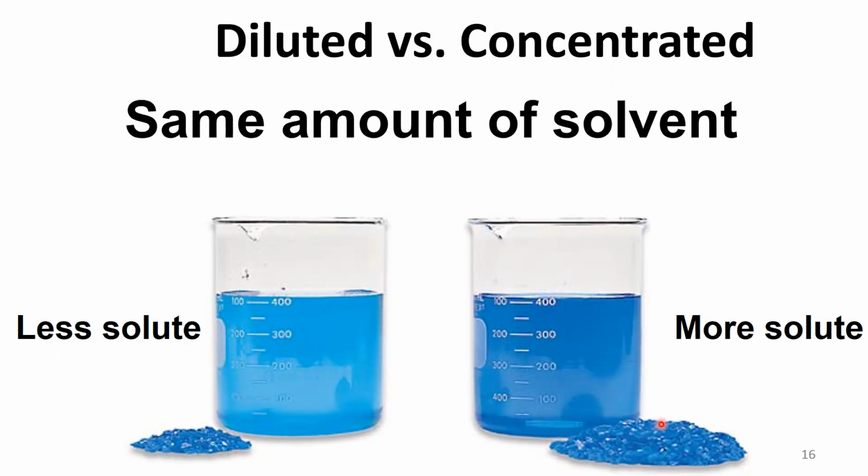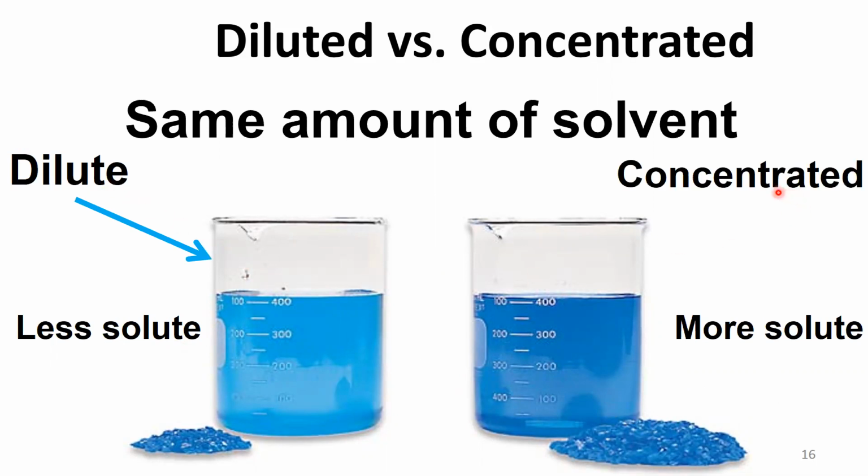This has more solute in this beaker. This is considered a dilute solution, and this is considered a concentrated solution. If you notice, just like on the previous slide, the one that had the less solute is lighter in color versus the one that has more solute, which is darker in color.